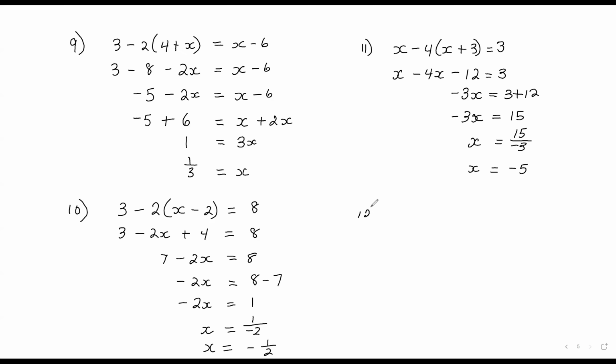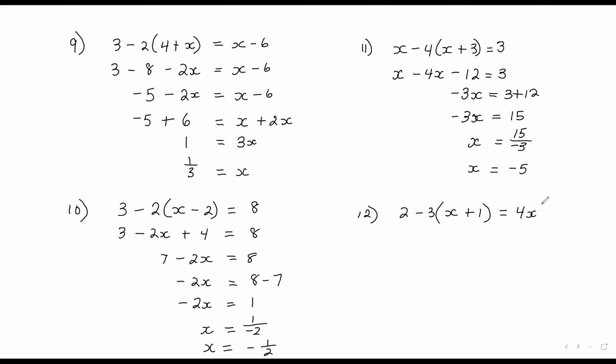Athena, let's do number 12. Athena, you there? Okay, good. So we have 2 take away 3 by x plus 1, and all of that is equal to 4x. Okay, love.